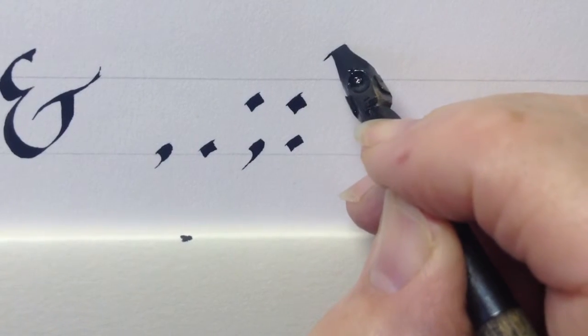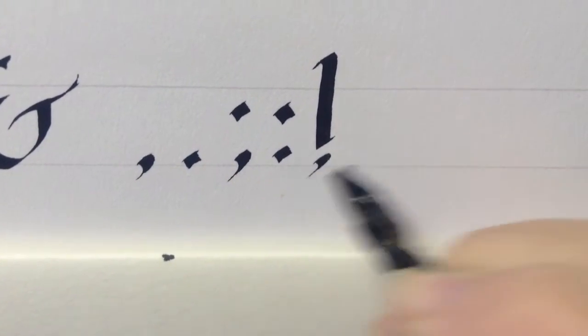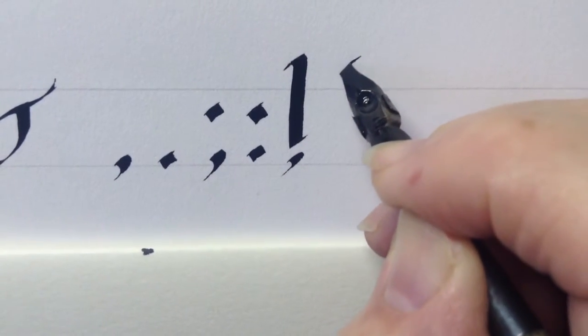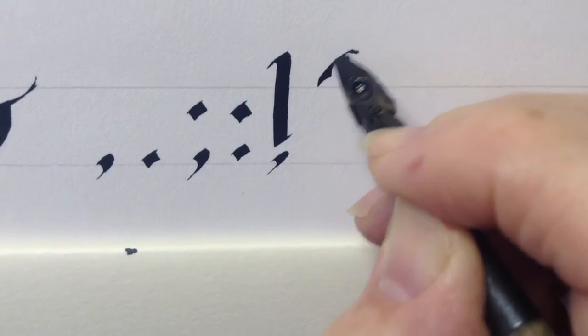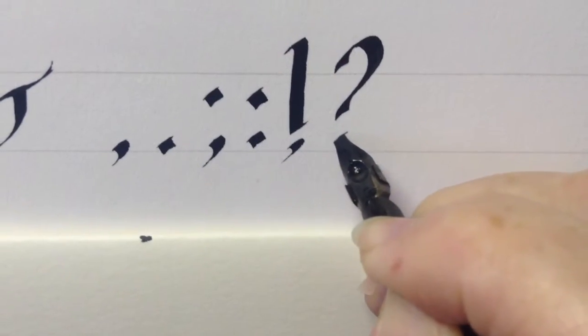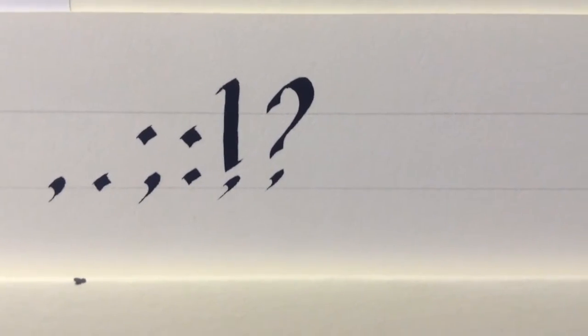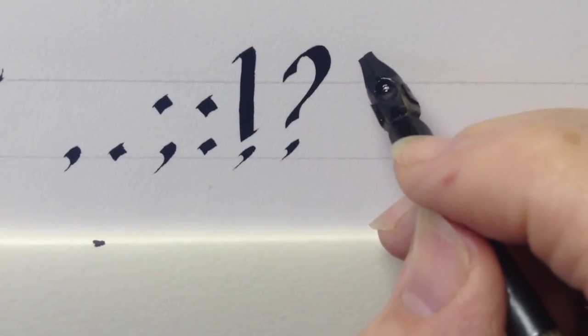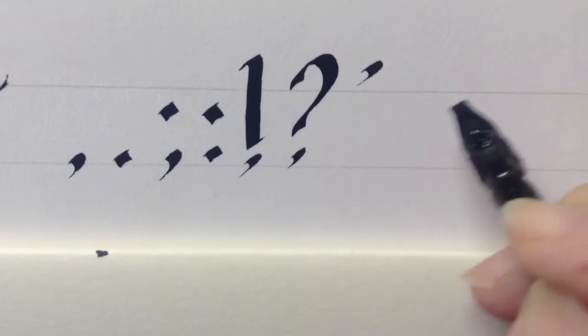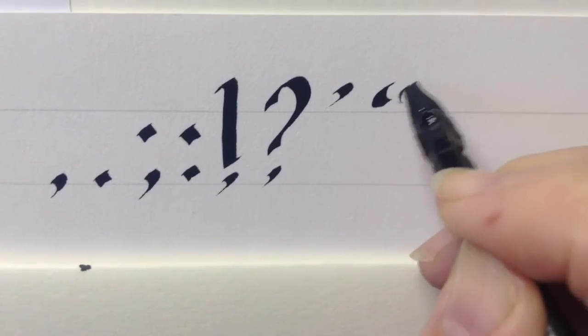An exclamation mark extends above that line, and so does a question mark. An apostrophe is above, as are speech marks.